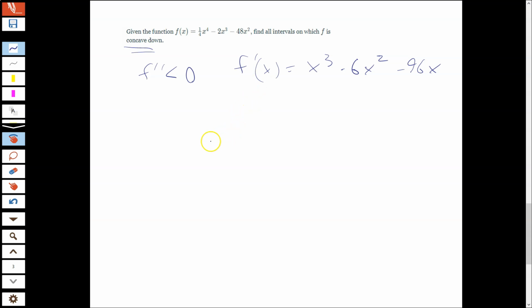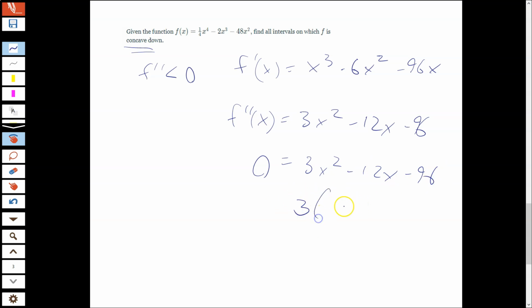I'm going to take the second derivative here. So f prime becomes f double prime, and I get 3x squared minus 12x minus 96. I'm going to set it equal to 0 and find my critical points. Notice I can factor out a 3 to start.